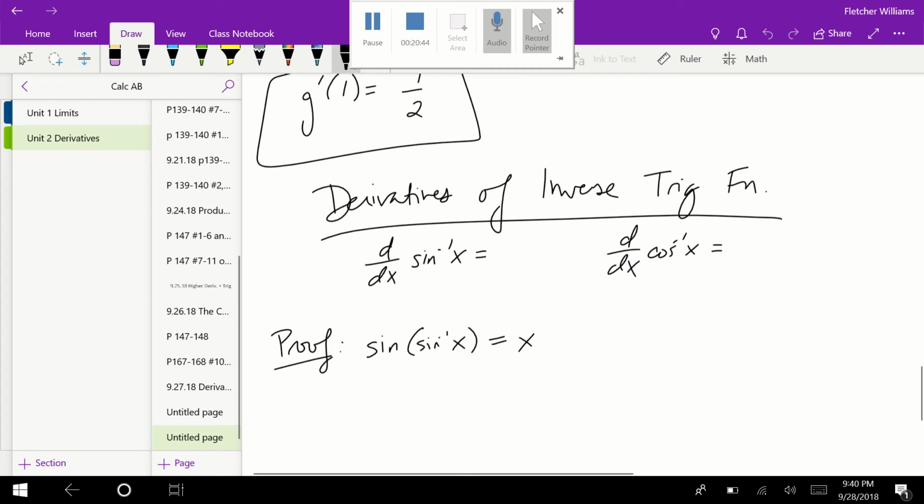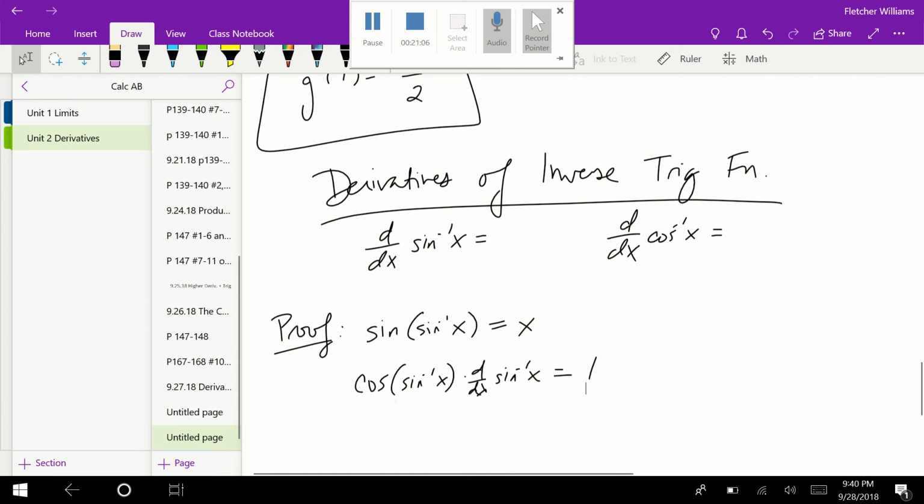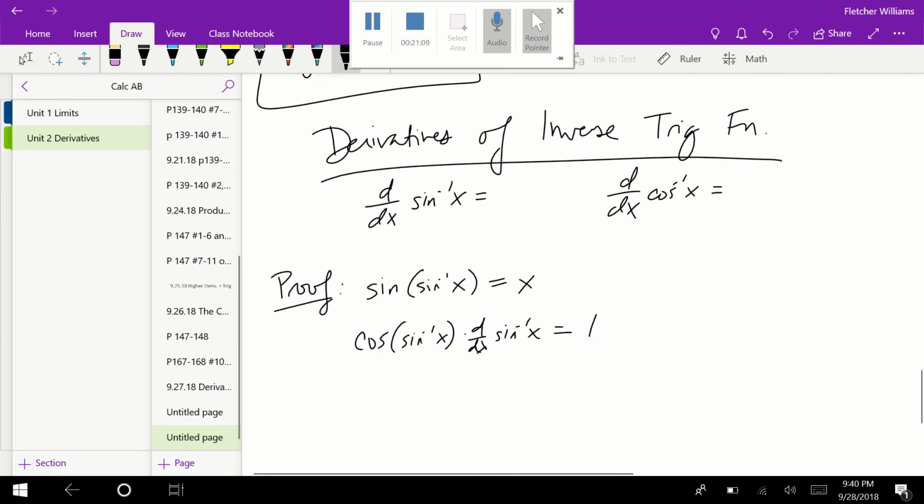They cancel each other out, so to speak. Take the derivative of both sides. On the left you get cosine of inverse sine x times the derivative of inverse sine x. And the derivative of the right side is just 1. Then you just solve for the derivative of inverse sine of x by dividing.